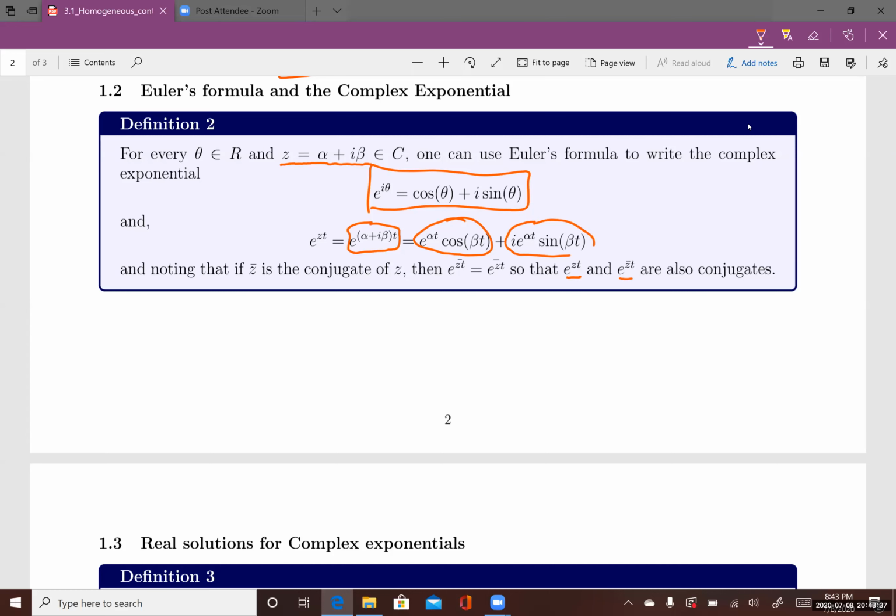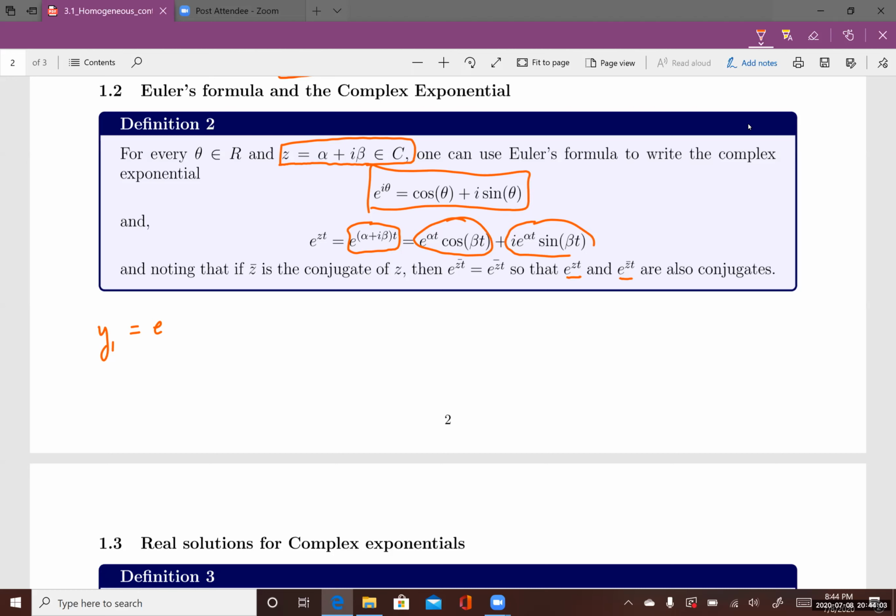Well, remember that if z is a root of the characteristic polynomial, then we have a solution y1 equals e to the zt, right? And z is alpha plus or minus i beta.